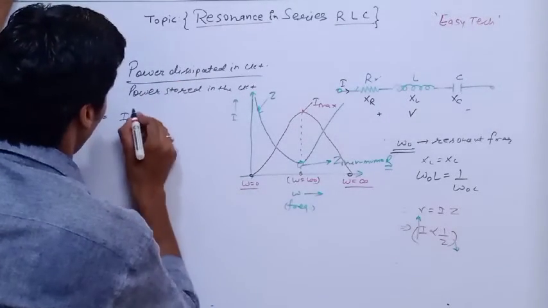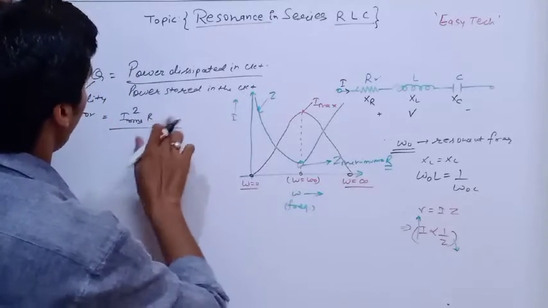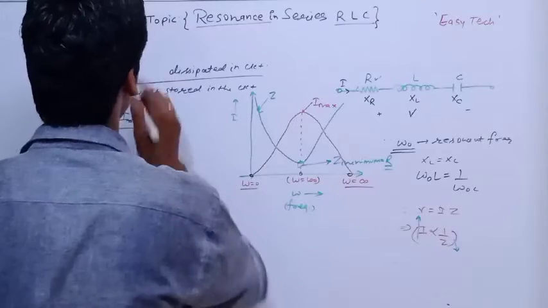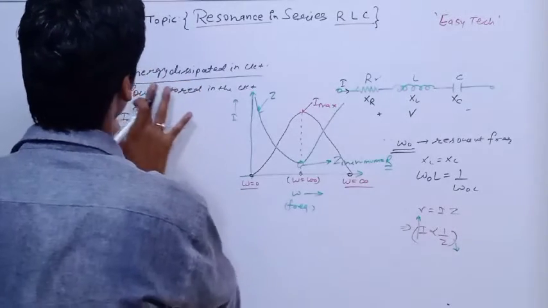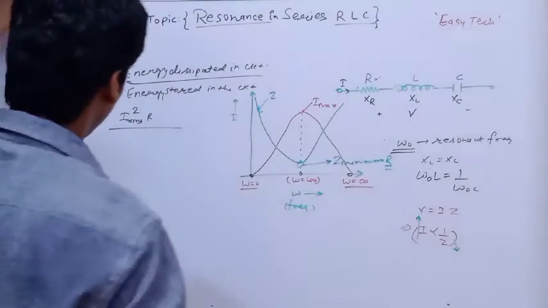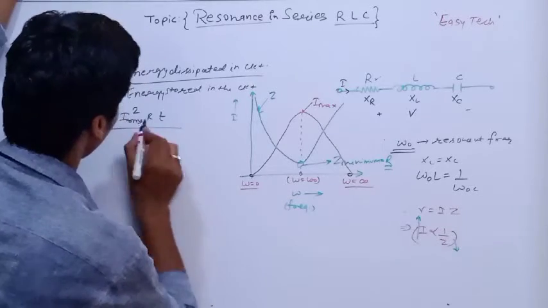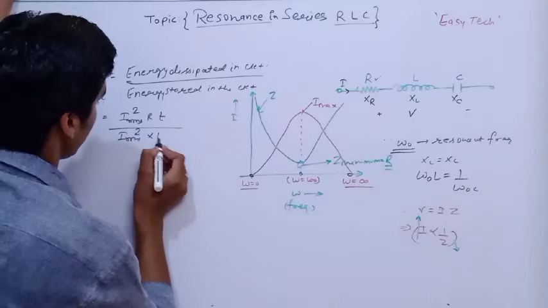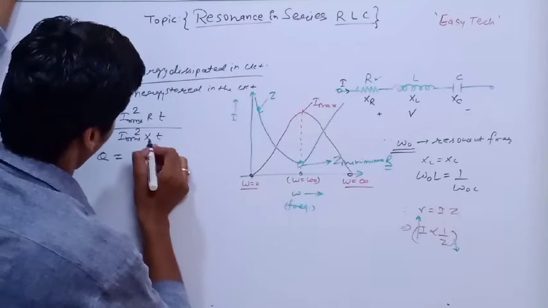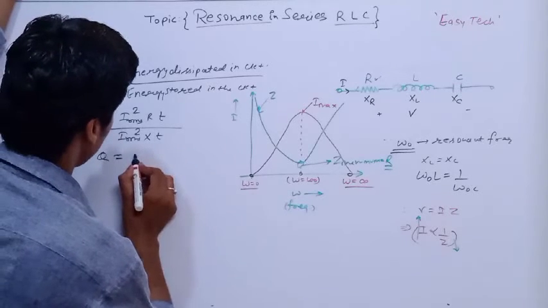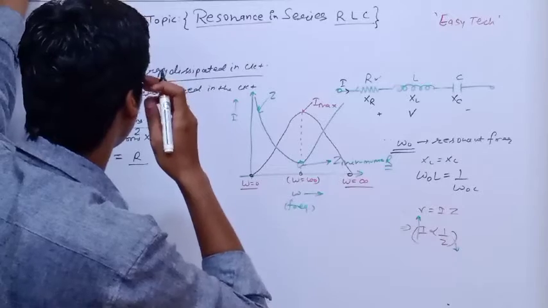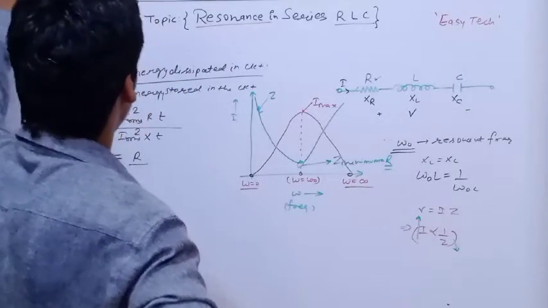It is always given as I RMS square R. It is energy dissipated in the circuit, and energy stored in the circuit should be equivalent to I RMS square X.